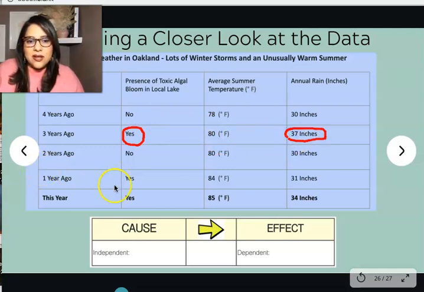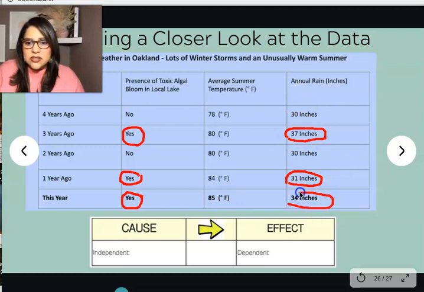One year ago, there was an algal bloom again, a pretty high temperature, and there was 31 inches of rain. And this year, there was another toxic algal bloom. The temperature is pretty warm, the average temperature for the summer, and the annual rain was 34 inches. What I'm noticing here is that whenever there's a toxic algal bloom, there seems to be over 30 inches of annual rain that year.